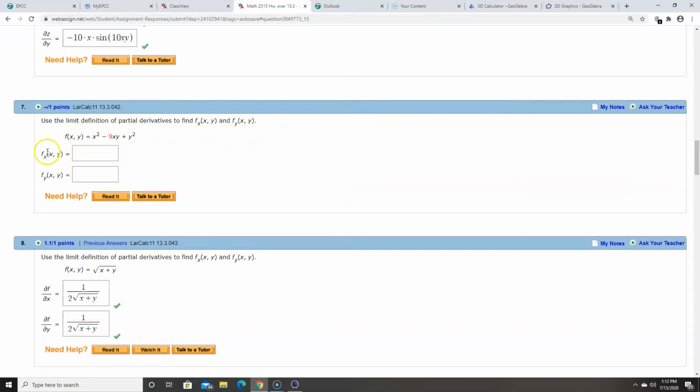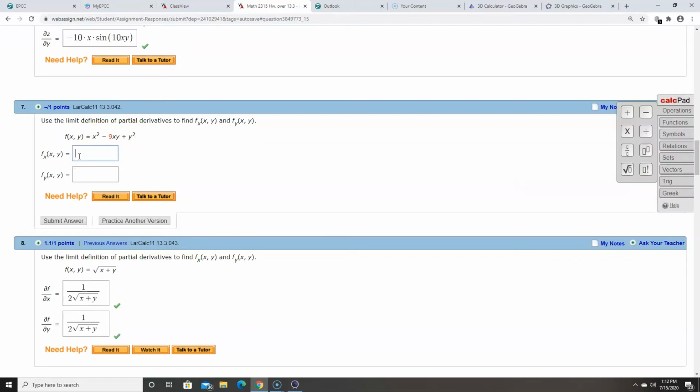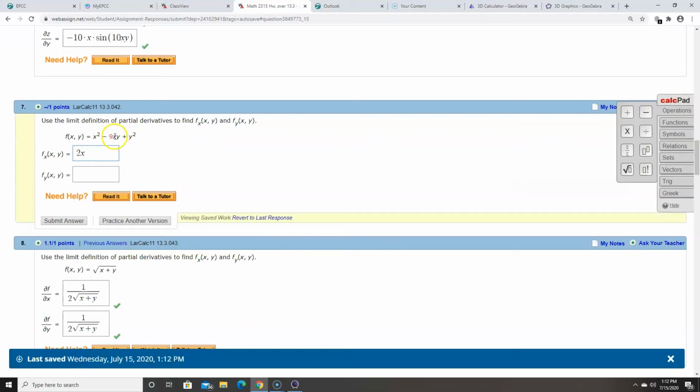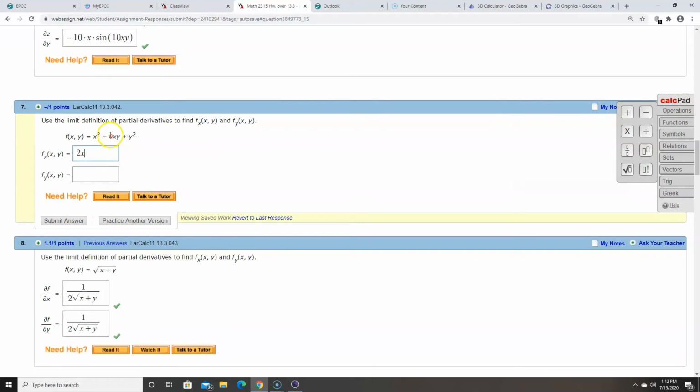Find the first partial derivative of f with respect to x. Well, you can just look at it and do it. The derivative of x squared is 2x. The derivative of 9xy with respect to x, the derivative of x with respect to x is 1, so you're left with negative 9y.